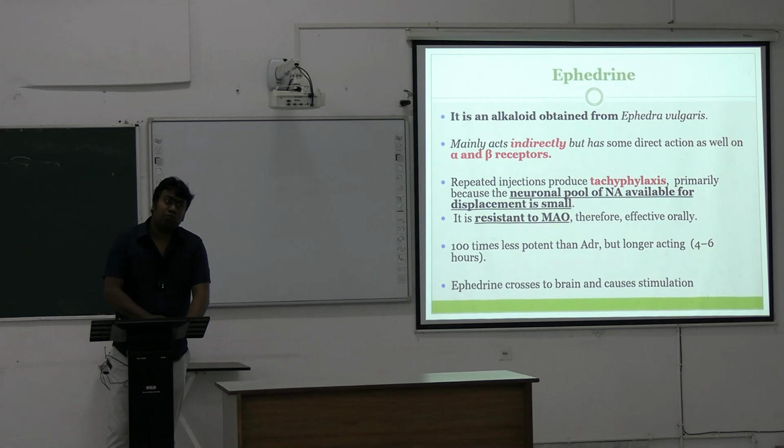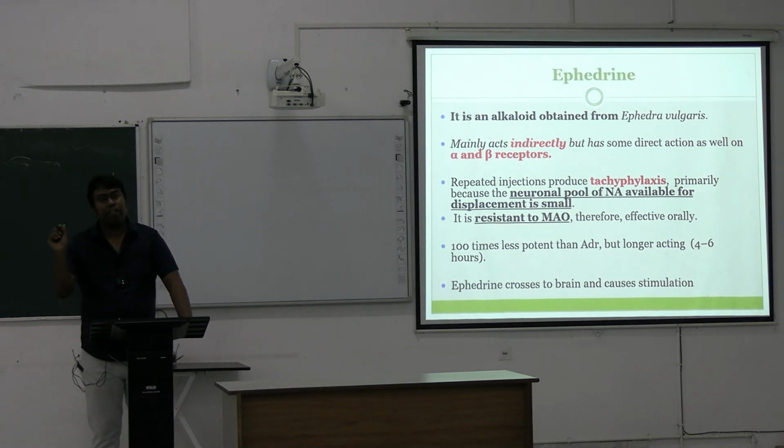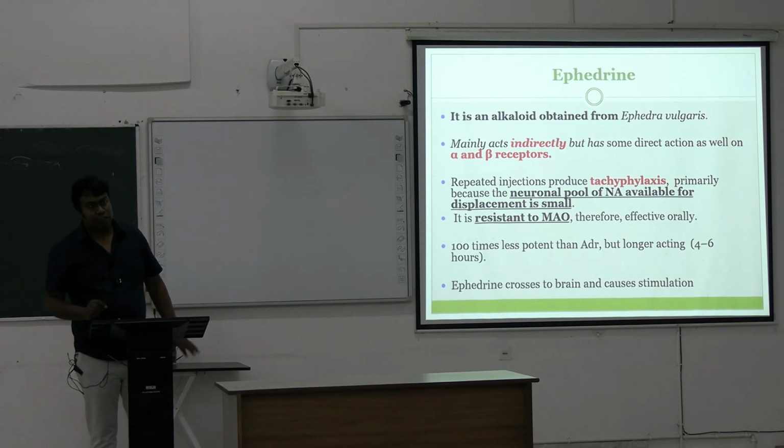Why adrenaline is used with local anesthetics? Why adrenaline is used in anaphylactic shock? Dobutamine in cardiogenic shock, dopamine in the moderate dose. Why is moderate dose dopamine used in cardiogenic shock? Why?